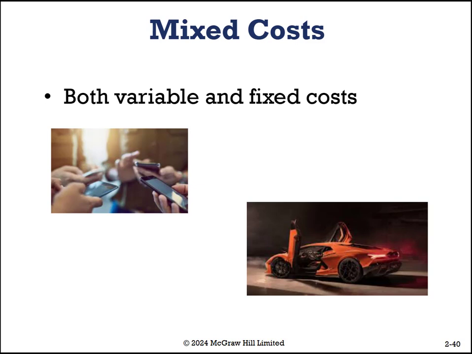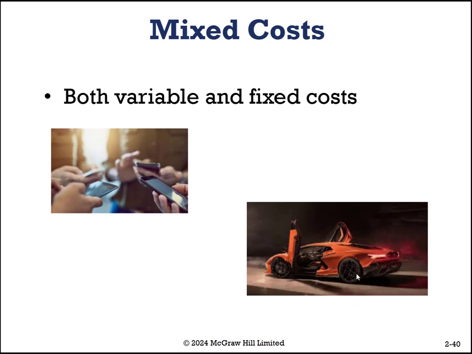Same thing with my Communauto. Now, I don't even know what kind of car this is, maybe a Lamborghini. But when I rent my Communauto, definitely not a Lamborghini, I pay a monthly flat rate for the type of plan I have, and then I pay per hour, which would be an example of a variable cost.